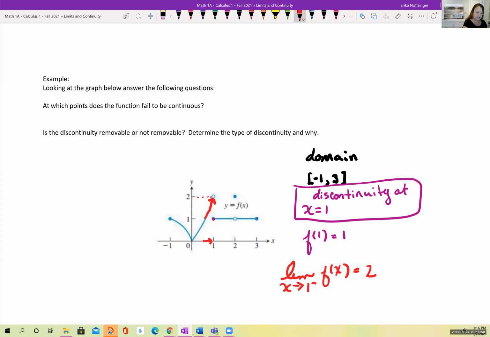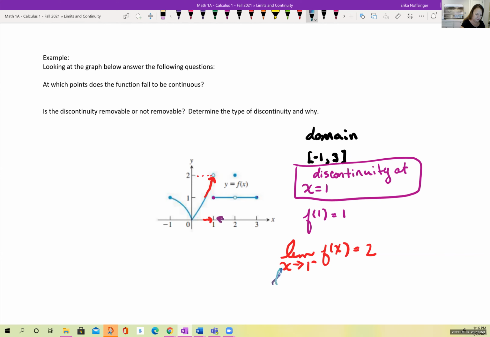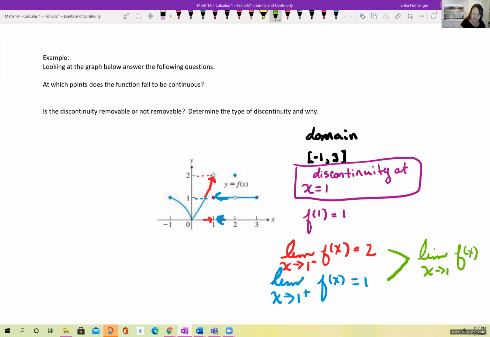And if I looked at the limit as x is approaching 1 on the right-hand side of f of x, as I'm following this in on the right-hand side, I'm getting a y value of 1. And so right there, those are not the same. And so the limit as x approaches 1 of f of x does not exist.